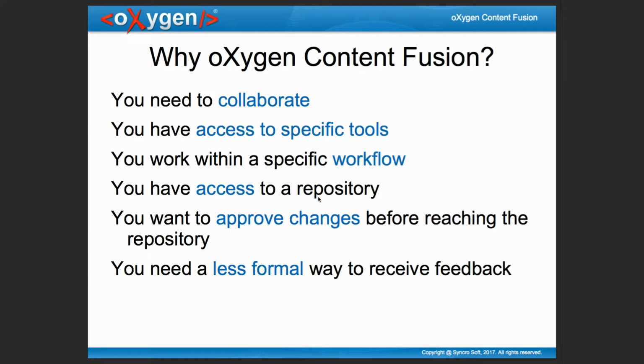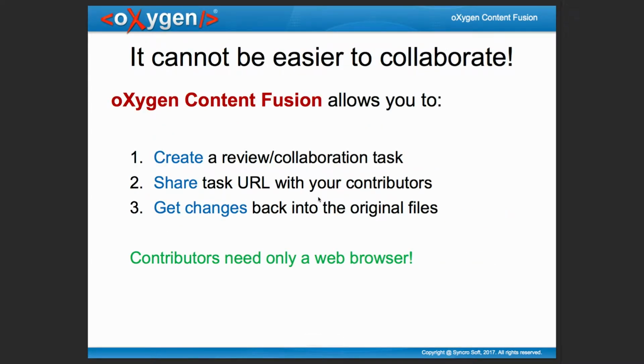So for all those reasons and more, we provide you Oxygen Content Fusion, which should allow you to create a review or collaboration task, get a URL that you share with people you want to collaborate with, and then you have an action that says get changes.